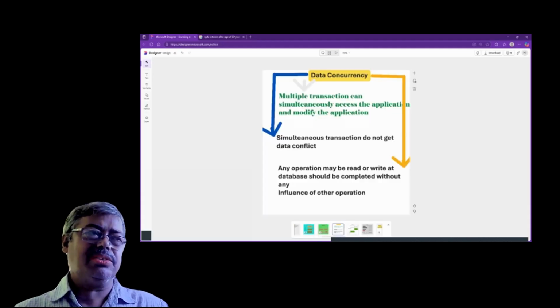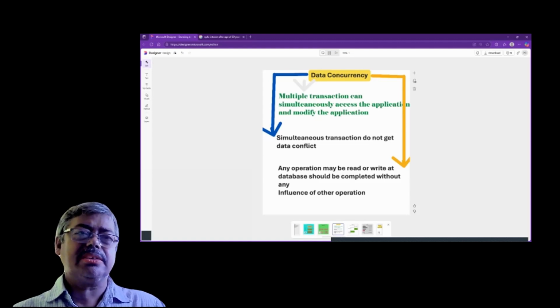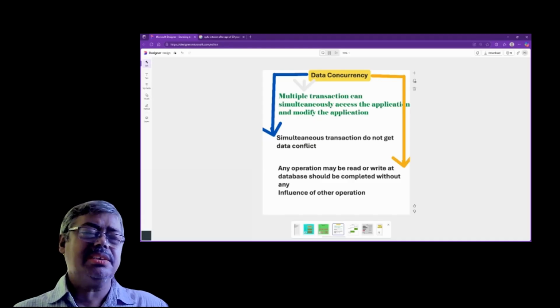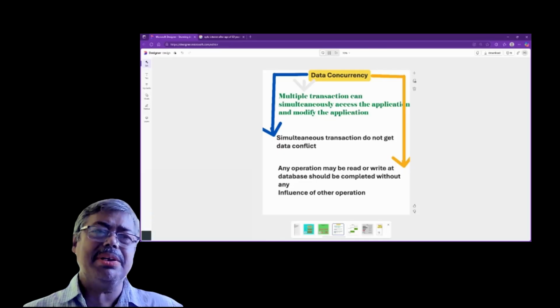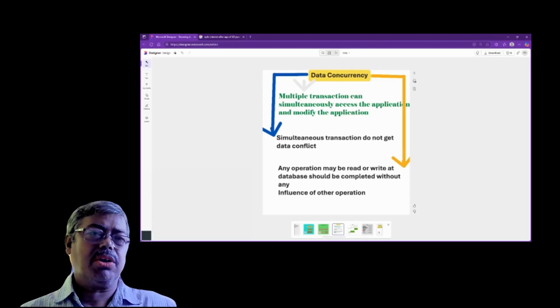Data concurrency. Data concurrency mainly means that multiple transactions can simultaneously access and modify the application. The application is accessed by several users at several times, and at any specific time these transactions can occur simultaneously.